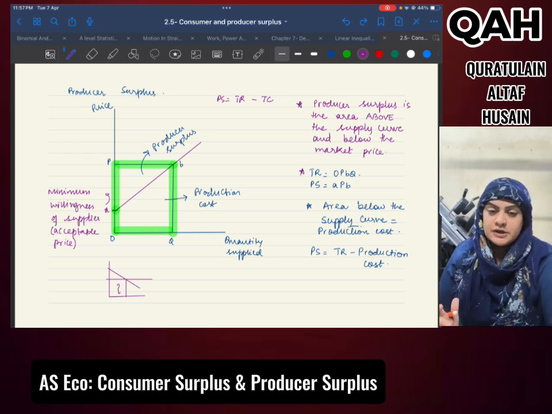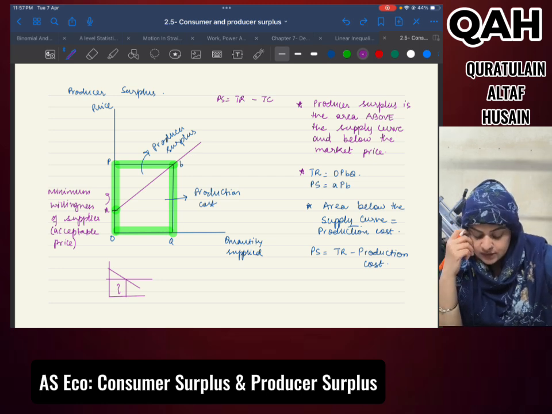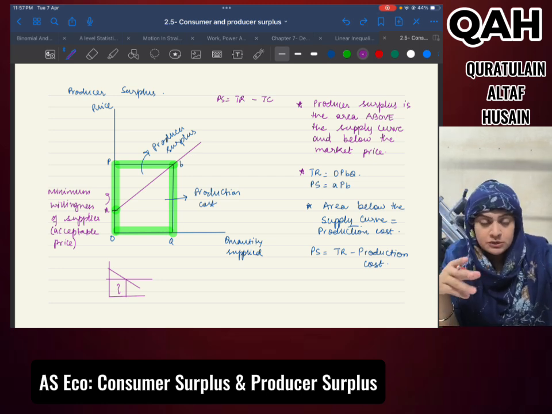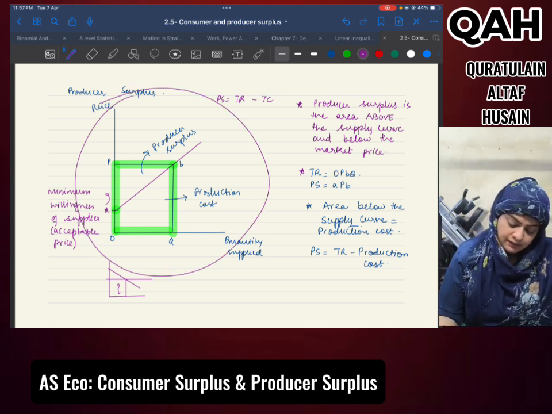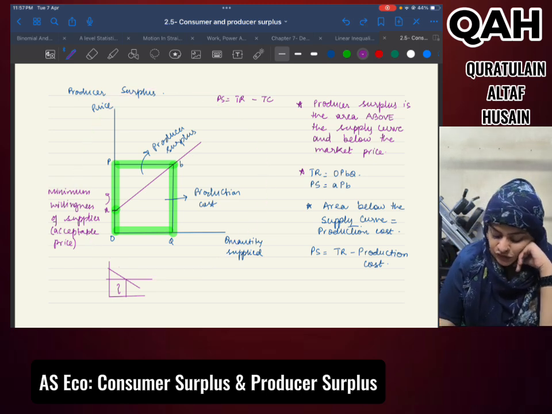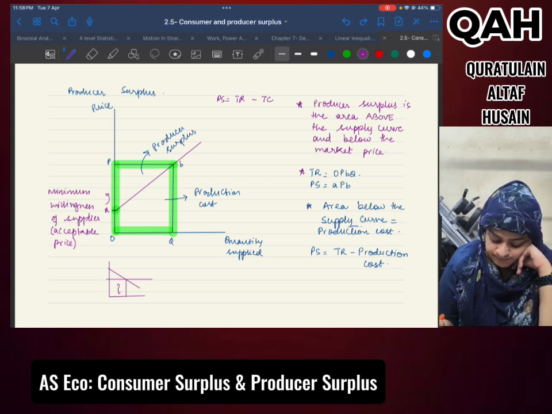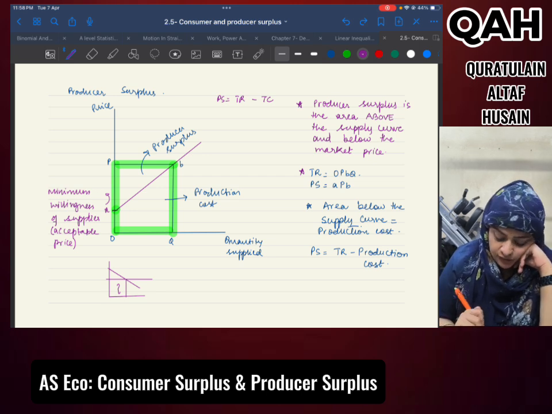Why am I telling you this? Because in exams you may get a question. There was a question in the exam, I don't remember which year it was, that was in the MCQs, where a graph or a diagram was given to you and they had asked you about the production cost of the producer and the total revenue.